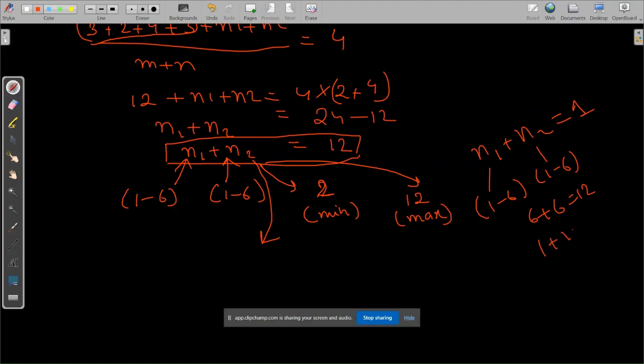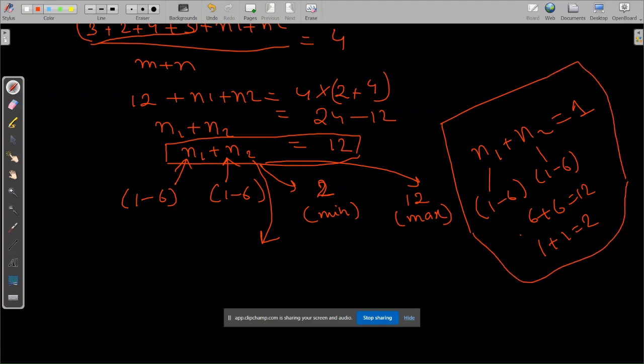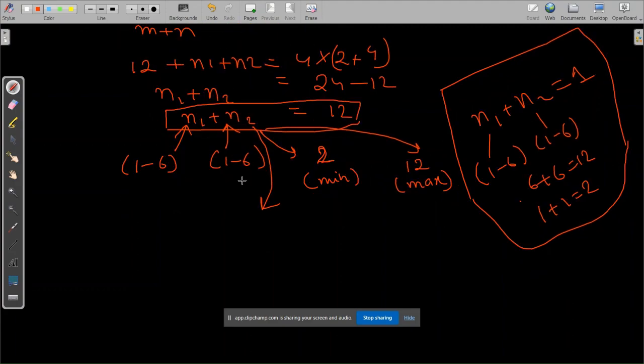My minimum value is 2, so anything less than that is not possible. So this is the case of not possible, when I have to return an empty array. Otherwise, my answer would be possible.